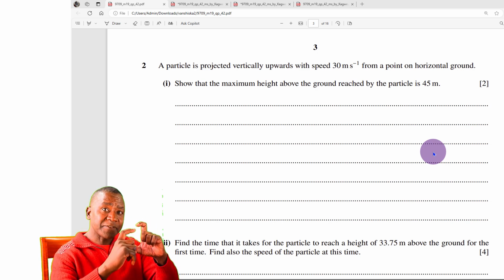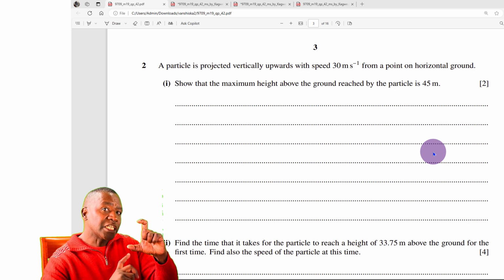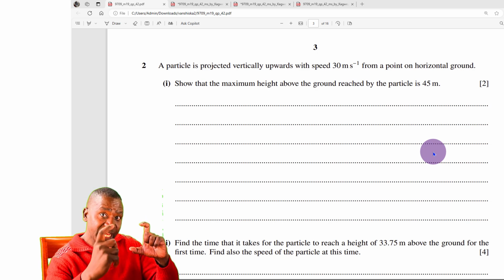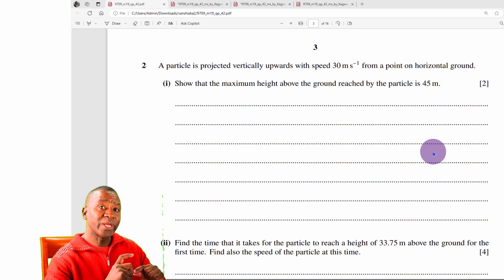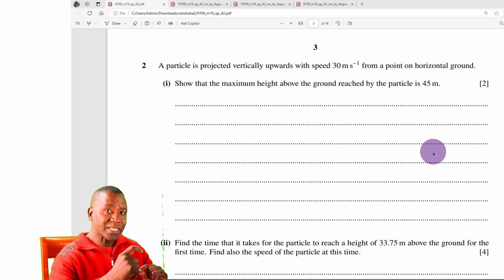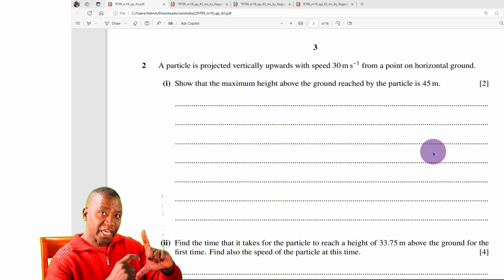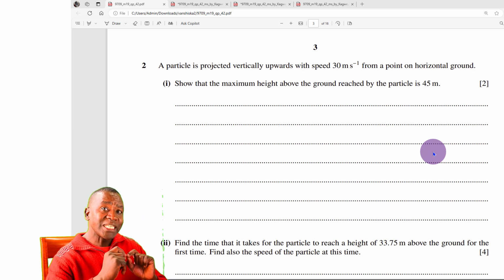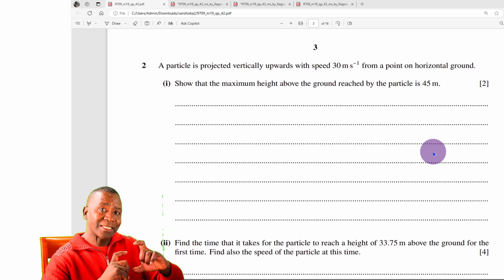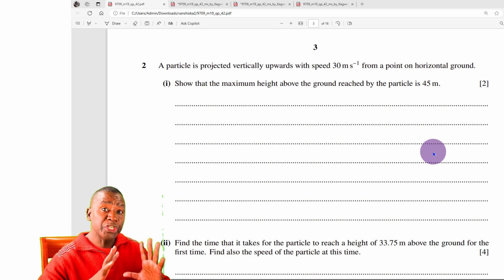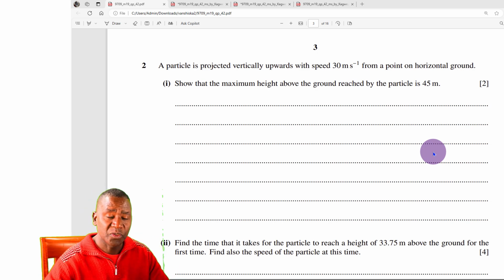And then after a further 1 second, its velocity will again increase by 10. So after a total of 2 seconds, its velocity will be 20 meters per second. Again, after another 1 second, meaning a total of 3 seconds, its velocity will be 20 plus 10, which will be 30 meters per second. On and on like that until it continues indefinitely, right?